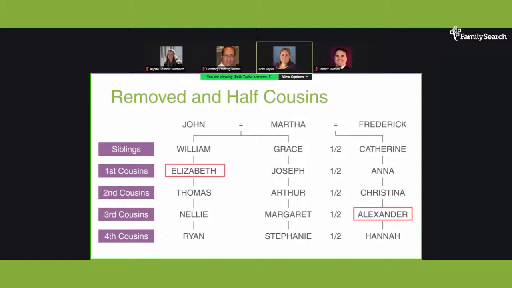That's what we mean by removed. Not that we kicked the cousins out of the family, but that we literally just count that they're removed 2 generations from the level that Elizabeth sat. But again, as you're working with your DNA and your DNA matches, you'll want to be comfortable with these terms and understand what they mean.